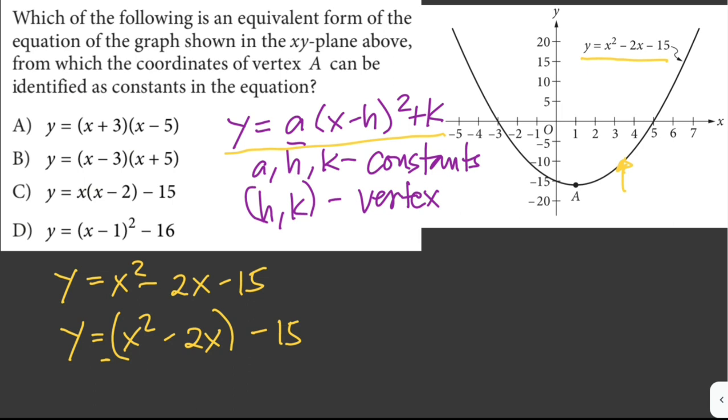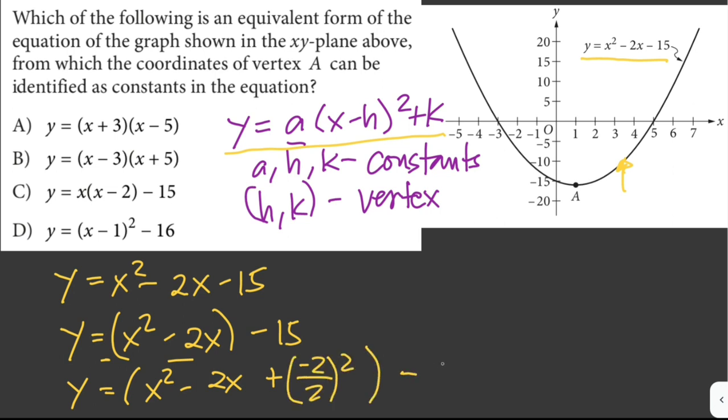To complete the square, we divide the coefficient of the middle term by 2 and square it. So y equals x squared minus 2x plus negative 2 over 2 squared, then minus 15.